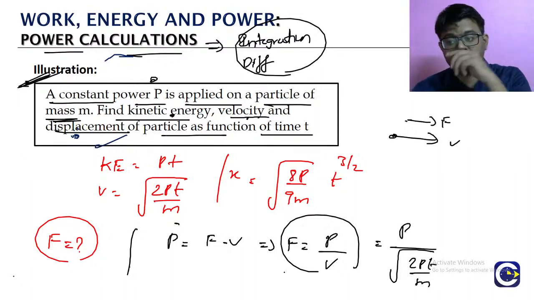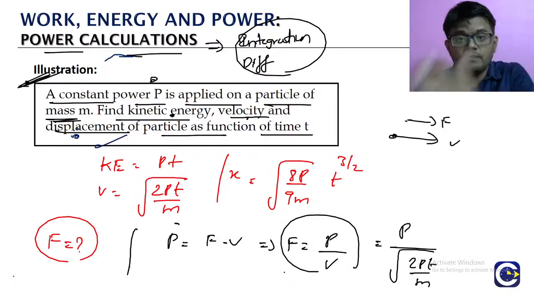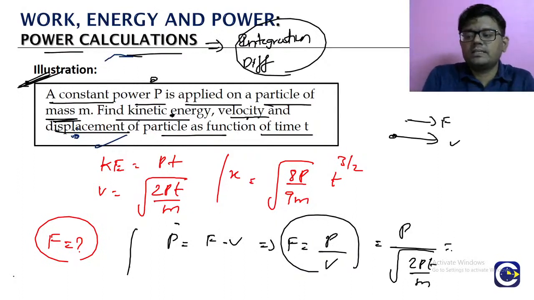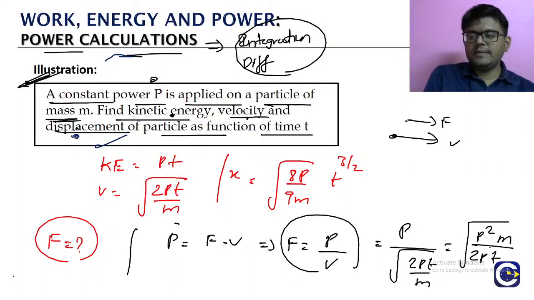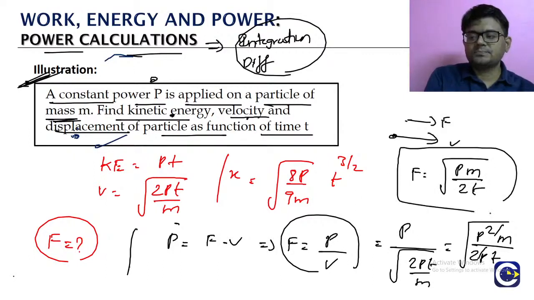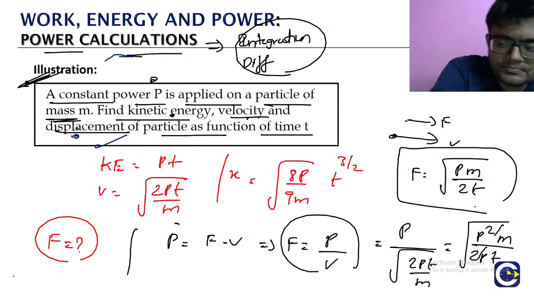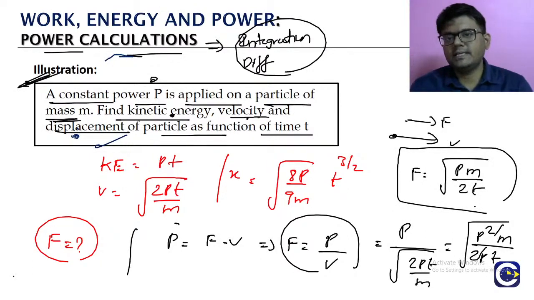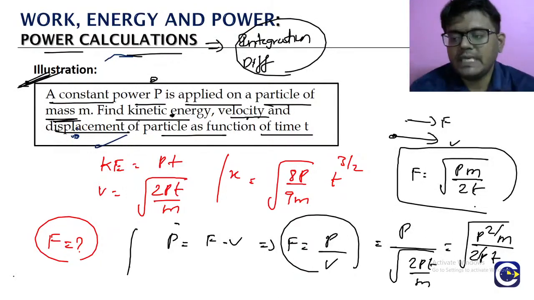So power by velocity, if you modify it, gives root P square m divided by 2Pt. The force will be root Pm by 2t. This is the force function.